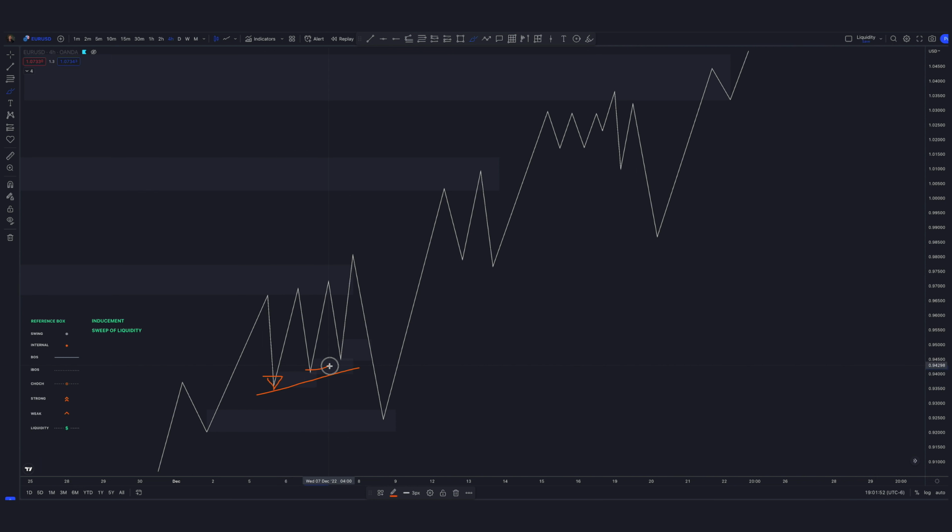Look at this area, look what's going on here. Sometimes we're going to see price making higher highs like this, coming here, making inducement, going back there, and coming here and going up. So this area here was inducing this demand, so price could come here to then continue up. So yeah, that's how it works.